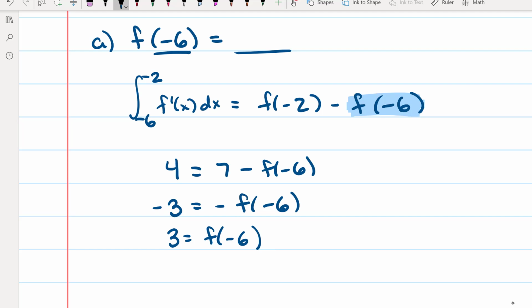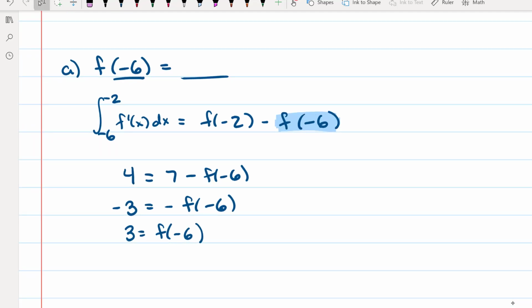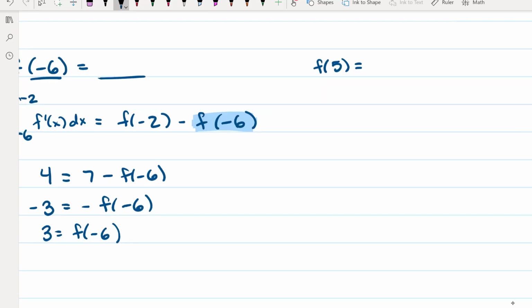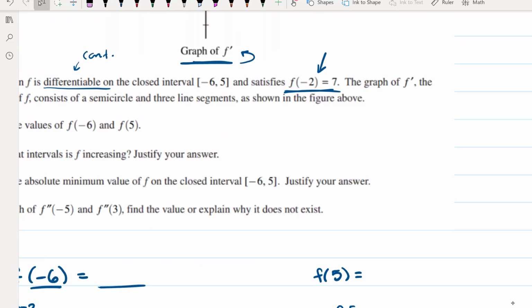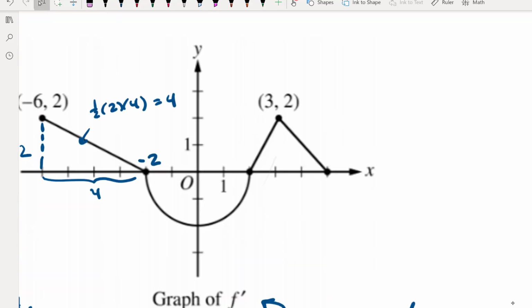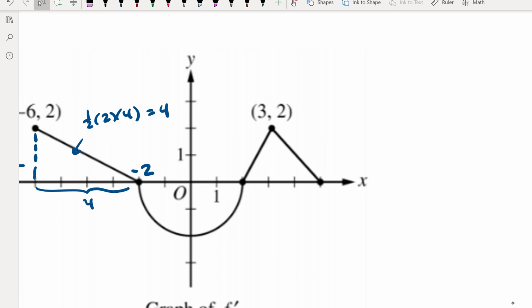Okay, and then we want to find f of 5. So same idea, we're going to integrate from -2 to 5 of f prime of x dx. And that's going to equal f of 5 minus f of -2. So from -2 to 5, we're going to look at this semicircle, and we're going to look at this triangle right here.